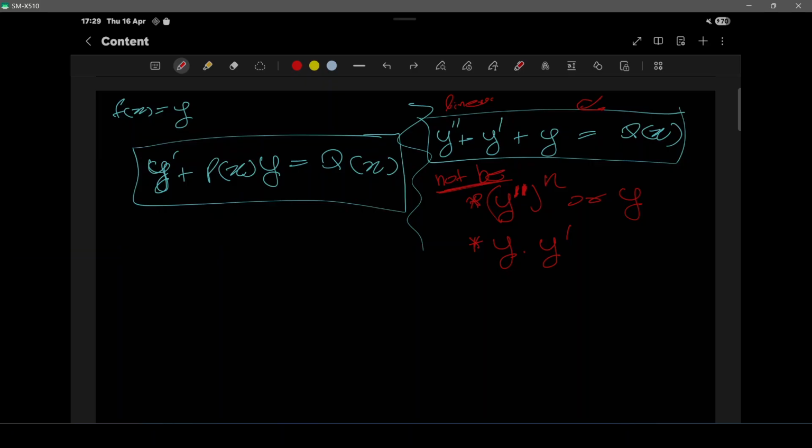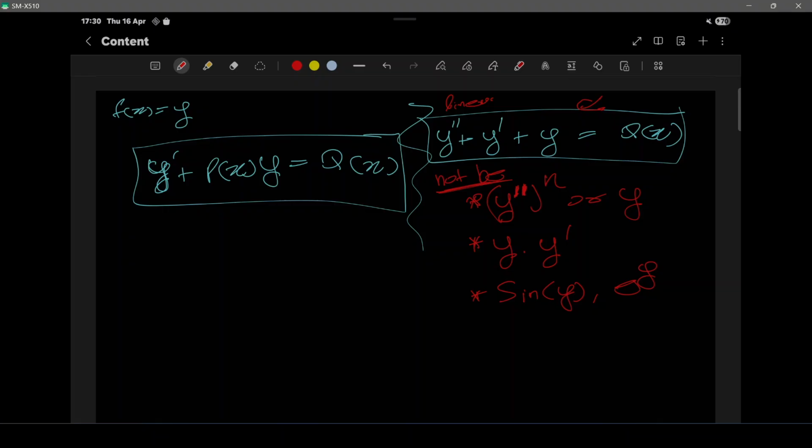Here y is the dependent variable. In an ODE we have only one independent variable, most of the time x, and one dependent variable y. So no multiplication between the dependent variable y, and no functions of y, like sine y or e to the y. There should not be something like that.